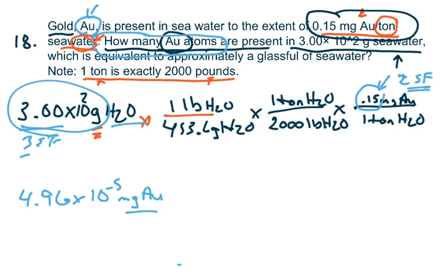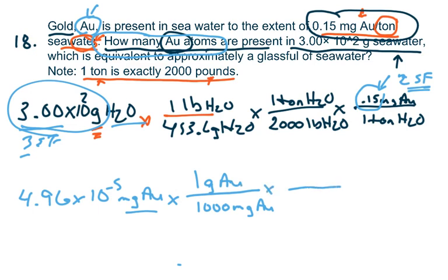Remember Mole Island, so we go from grams to moles to atoms. There's no direct line from grams to atoms, so we have to get on the mole bus. There's 10 to the third, or 1,000, milligrams of gold in 1 gram of gold.